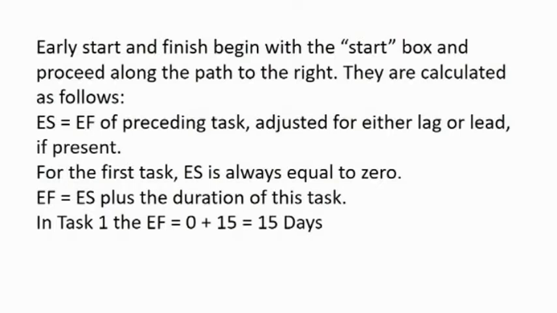So, as seen in our diagram, early start and finish begin with the start box and proceed along the path to the right. They are calculated as follows. ES, which is earliest start, is equal to EF of the preceding task adjusted for either the lag or lead if present.